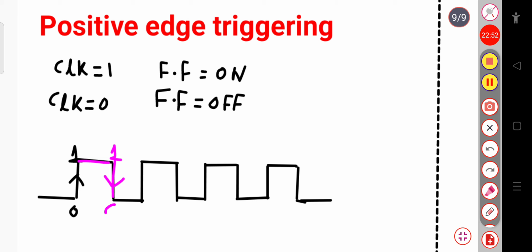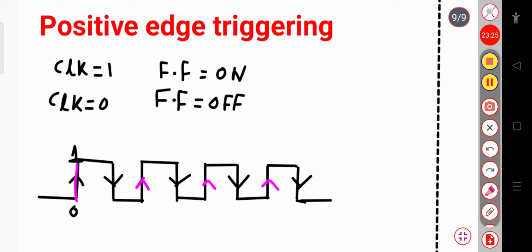Then it will again rise from 0 to 1, then 1 to 0 and so on. Now when this signal or clock pulse goes from 0 to 1, in this condition we can say that this flip-flop is on. In this condition, on state, and again this is on state, this is on state, and this is also on state.